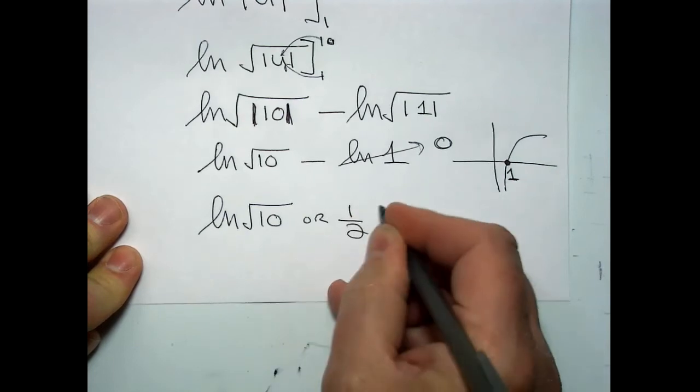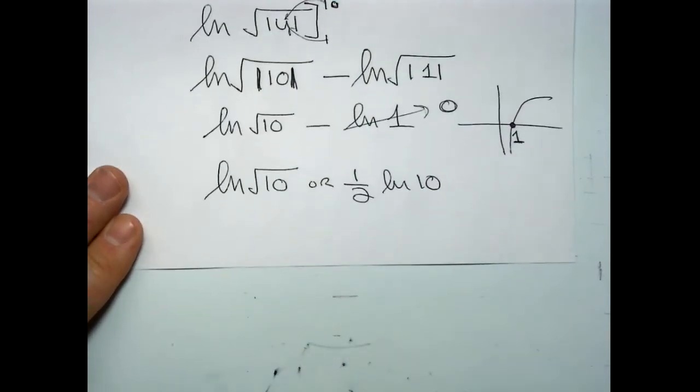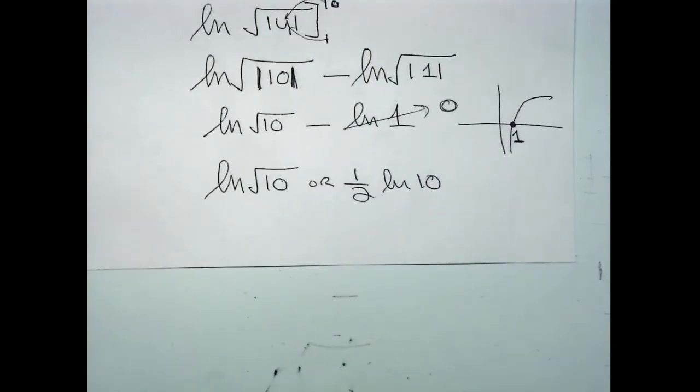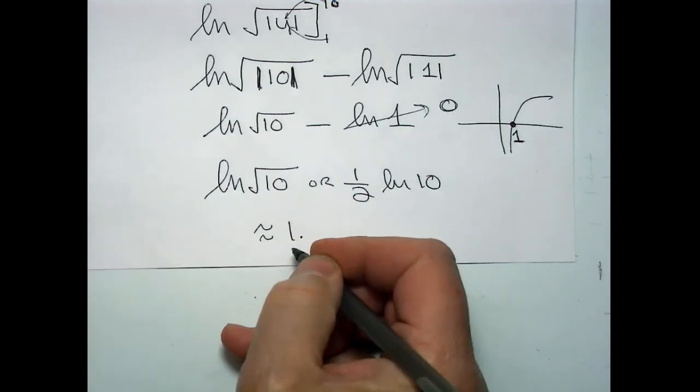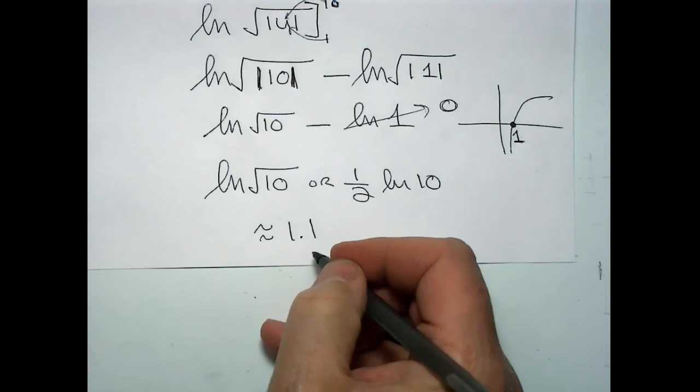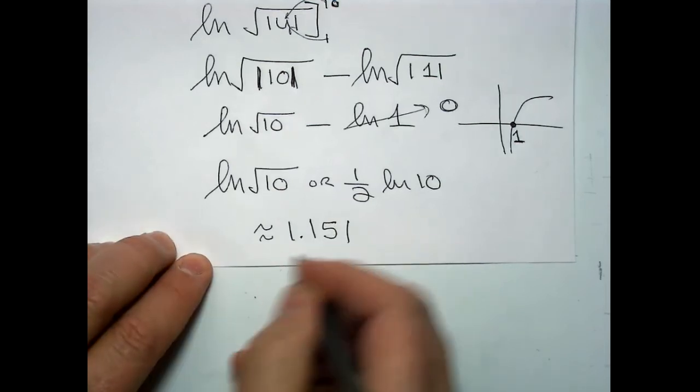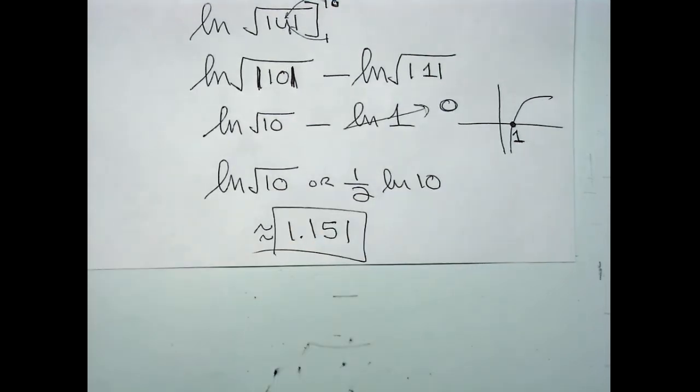Or 1/2 the natural log of 10, whichever you prefer. It turns out that if you do that computation, this is what you get. That matches our expectations because I did look at the area under the curve by estimating and realized that it should have been close to 1, and it is close to 1.